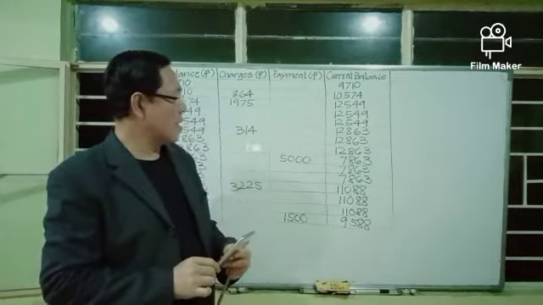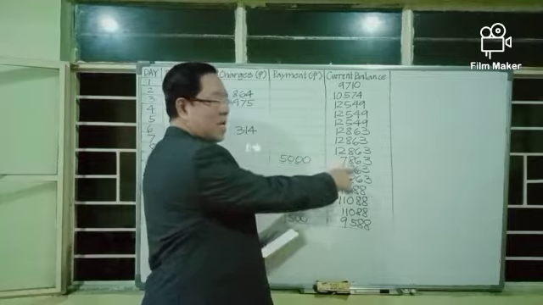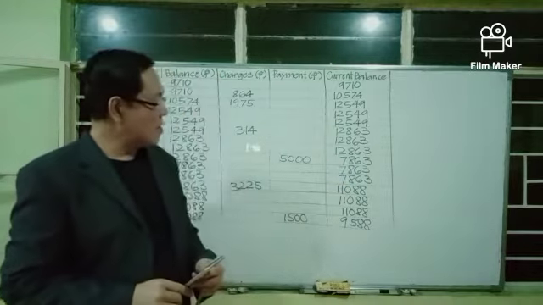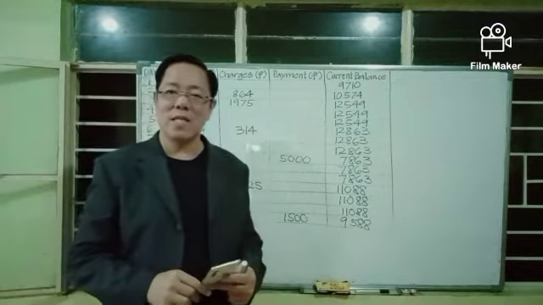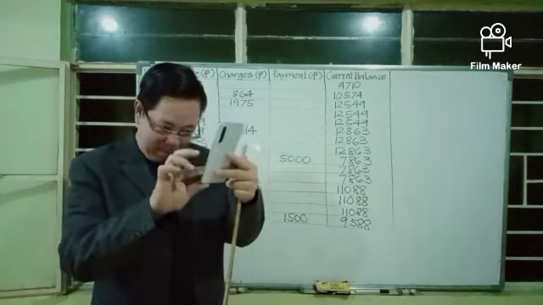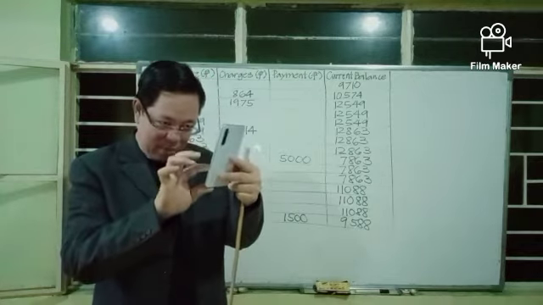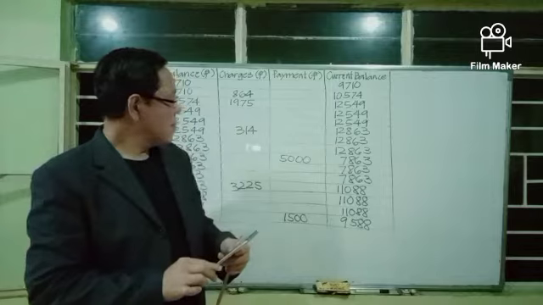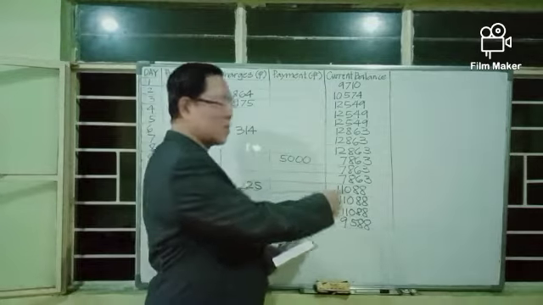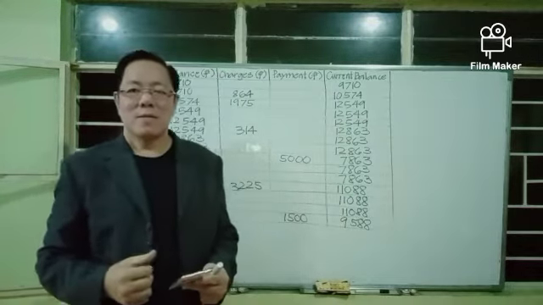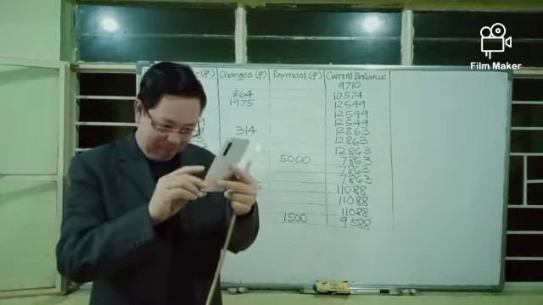Plus 7,863, again we add 7,863 3 times. Plus 11,088, which we add 3 times.